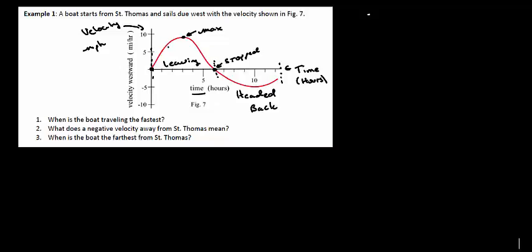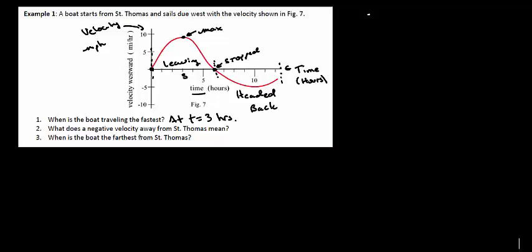So it looks like the maximum velocity probably occurred at, we're going to guess, about 3 hours into the trip, and we'll say it's approximately 10 miles per hour. So when was the boat traveling the fastest? At t equals 3 hours.